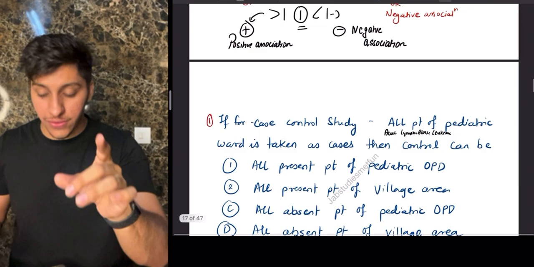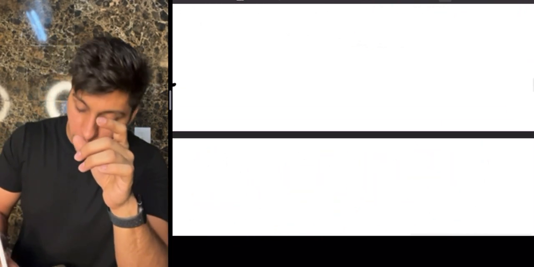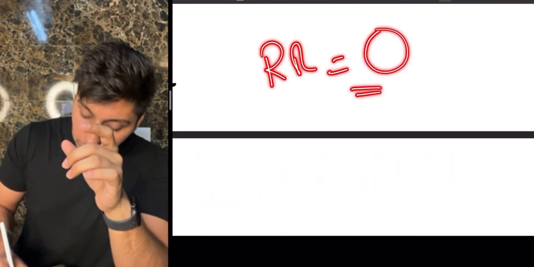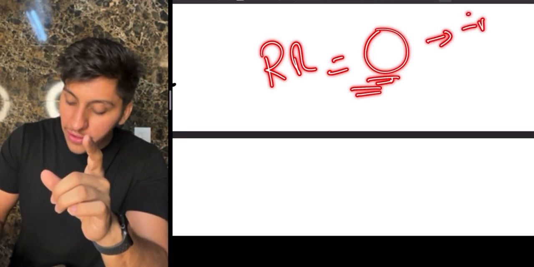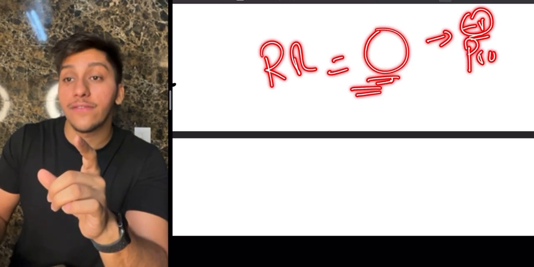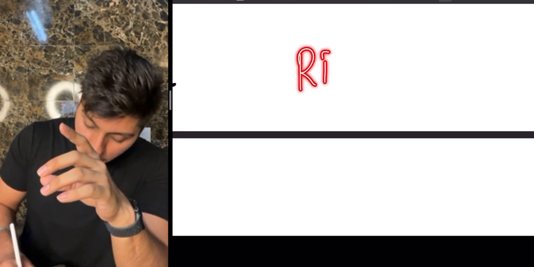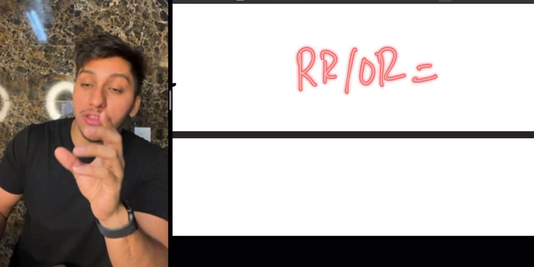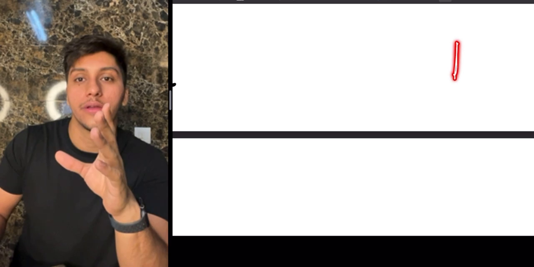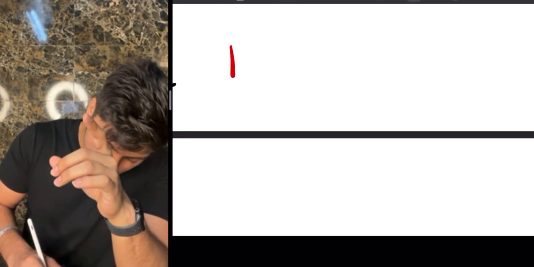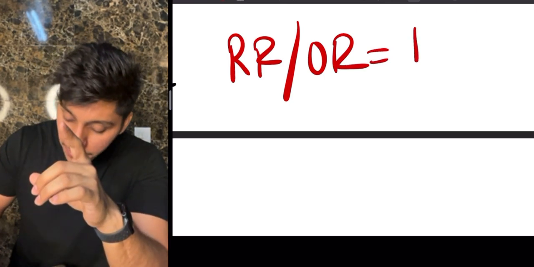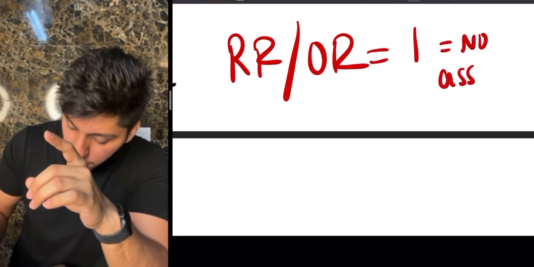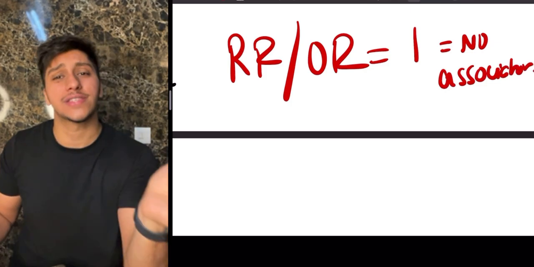One more question I want to answer: if your RR value is 0, that does not mean it is nothing. It is less than 1 only, so this is a negative or protective association. 0 does not mean 0 over here. In RR and odds ratio, the value which means nothing is 1. Relative risk and odds ratio, if it is 1, it means there is no association, no relation between the risk factor and disease.